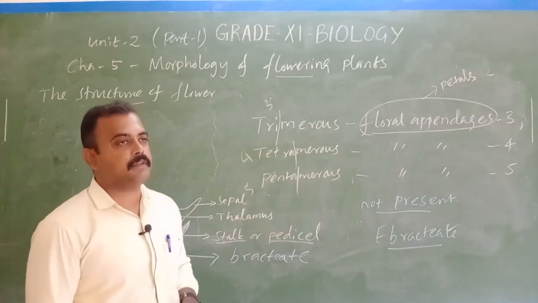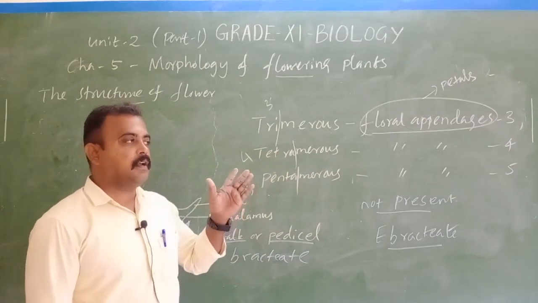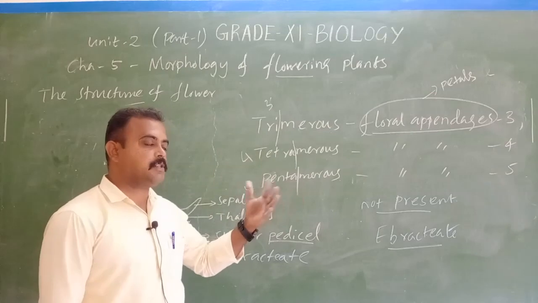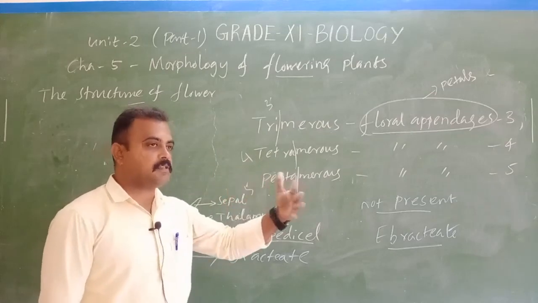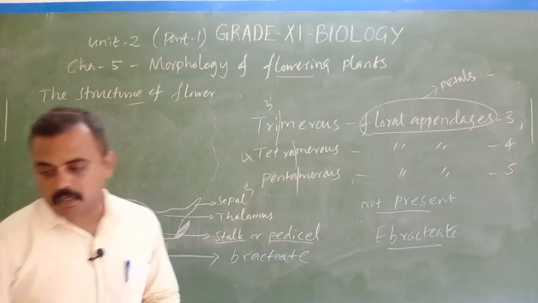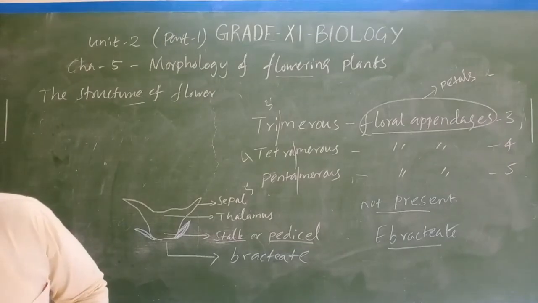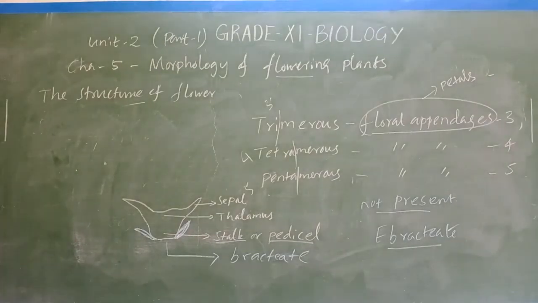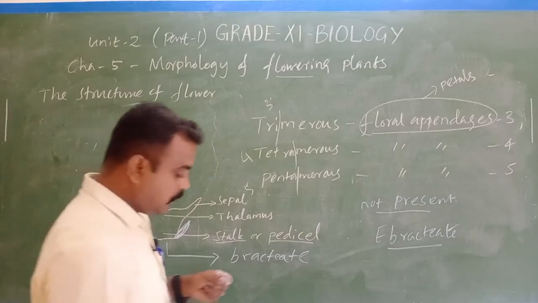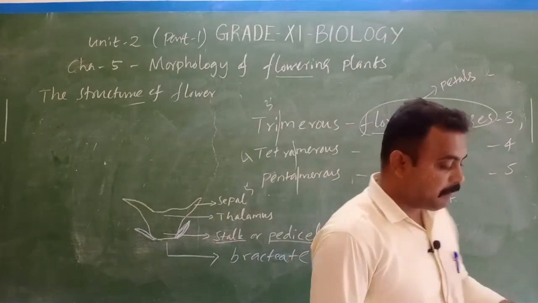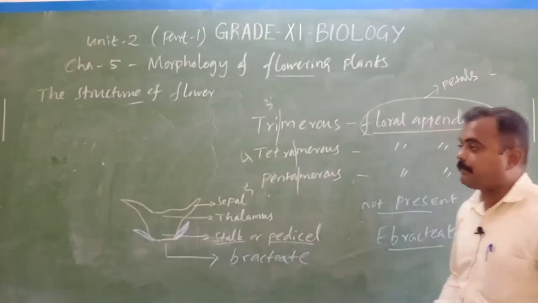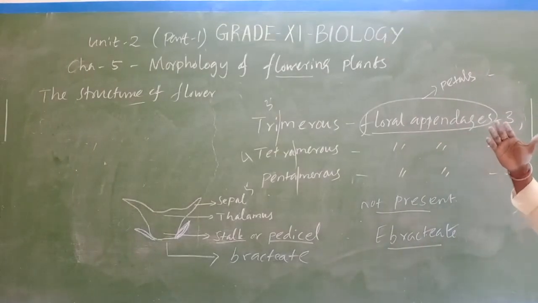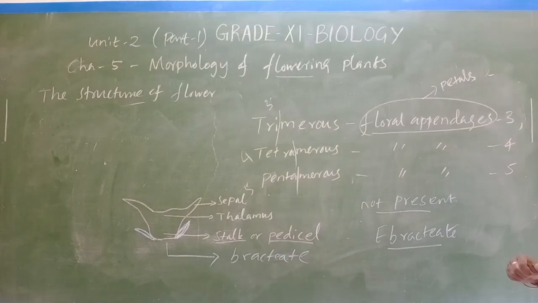Inflorescence, we have seen: racemose and cymose. And next we have seen what the flower is and how it came. The next one is the structure of the flower.